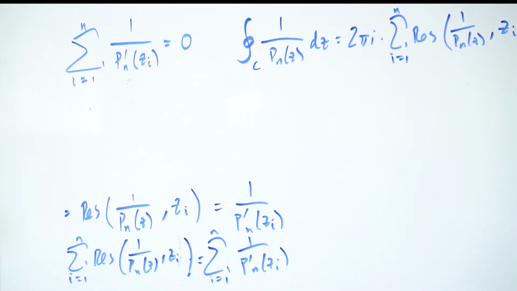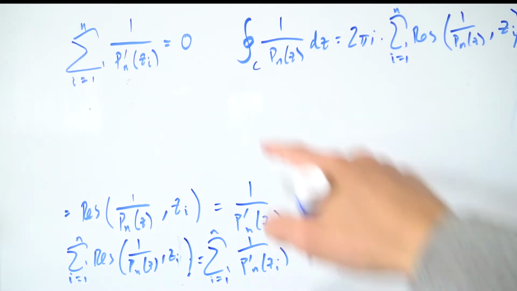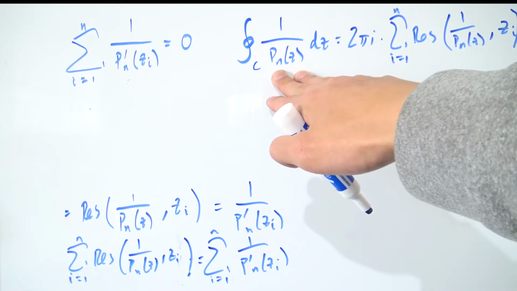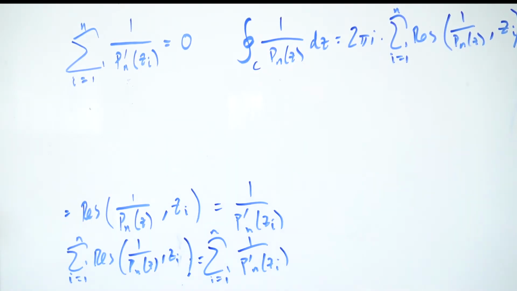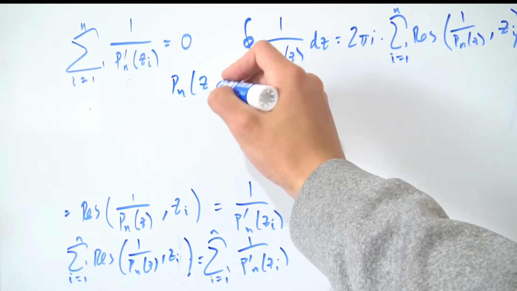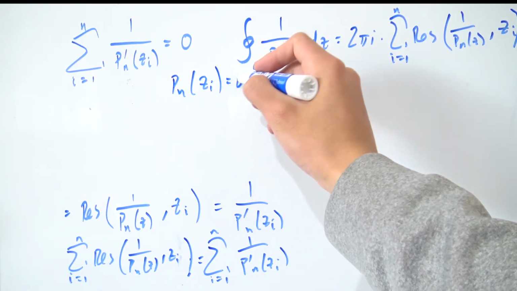But the thing is, if we want to be able to calculate the sum of the residues at all of its poles right here, our contour has to be able to enclose or capture all of the poles. So what do I mean by that? Well, first of all, we know that 1 over pn right here will have n poles, because we know pn of zi, one of its poles, is going to give us 0.